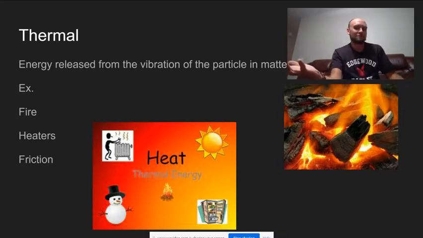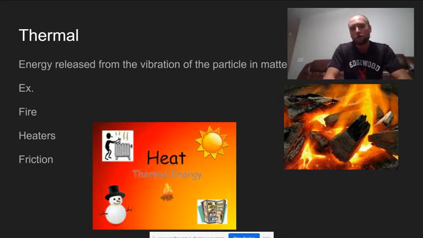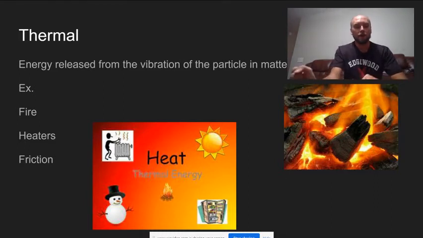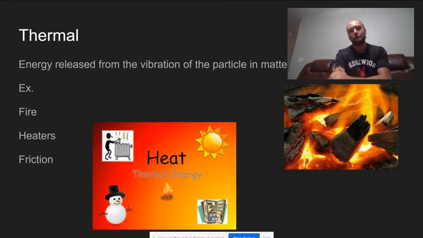First one is fire. Personally, I think all of you, when you think of thermal energy, I'm pretty sure fire is going to be one of those things that come to mind. You could also think of things like heaters. You could also think of things like friction. When two things rub together, you get a burn. If any of you have ever gotten a friction burn, like you scraped your hand against something, I tend to get burns if I fall off my bike and hit the pavement.